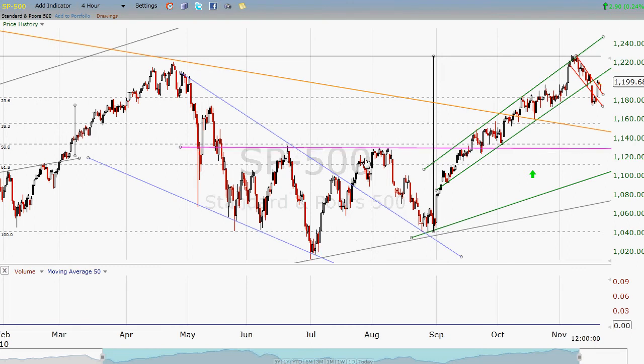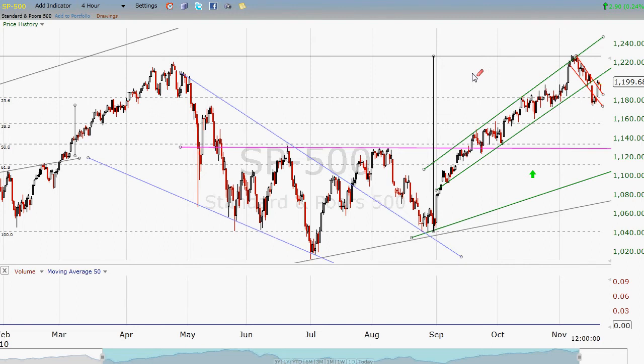Left shoulder, head, right shoulder, that broke out and has now spent 2 months in a channel, broke out of that channel. At that point, the $64,000 question became, are we breaking down out of this channel in order to reverse, come back and test support, maybe this neckline, or did we do that so that we can consolidate sideways and then resume a move upwards?